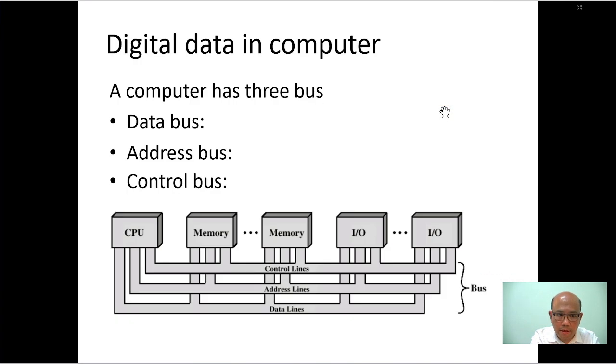From the concept of the computer system, we can draw the diagram right here. The microprocessor connects to devices, for example memory and I/O, mouse, keyboard, input switch, or anything, through three buses: data bus, address bus, and control bus.